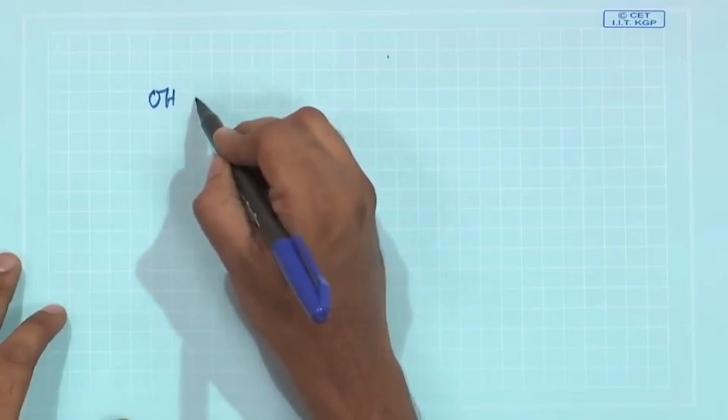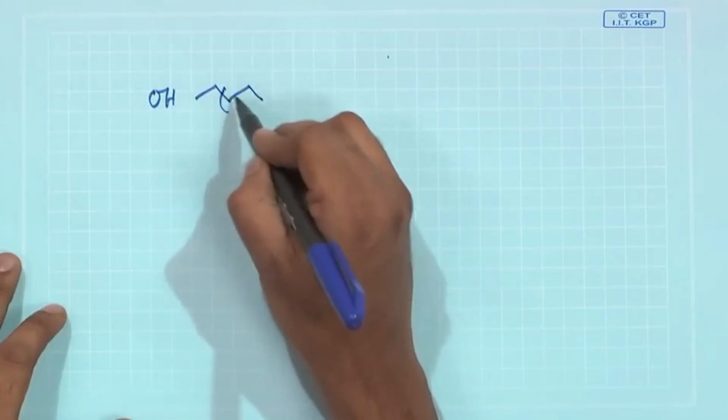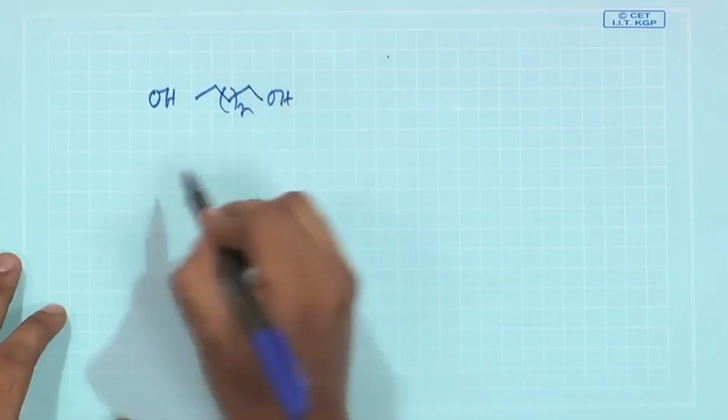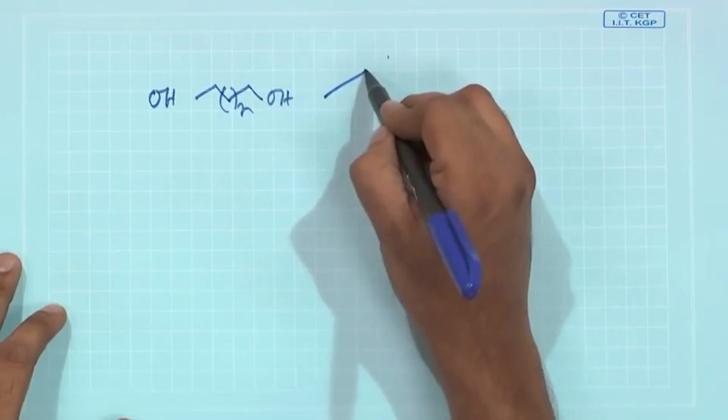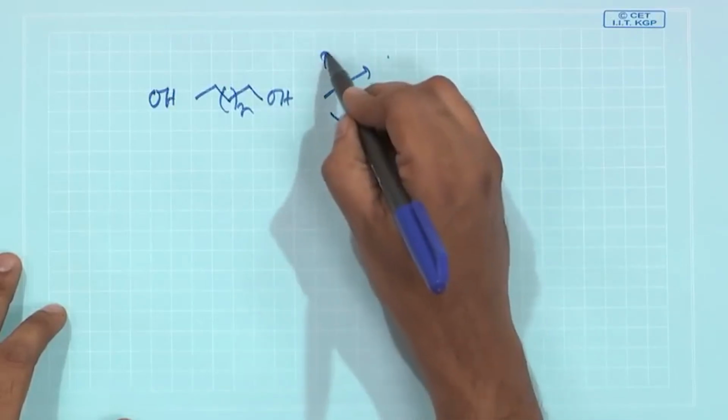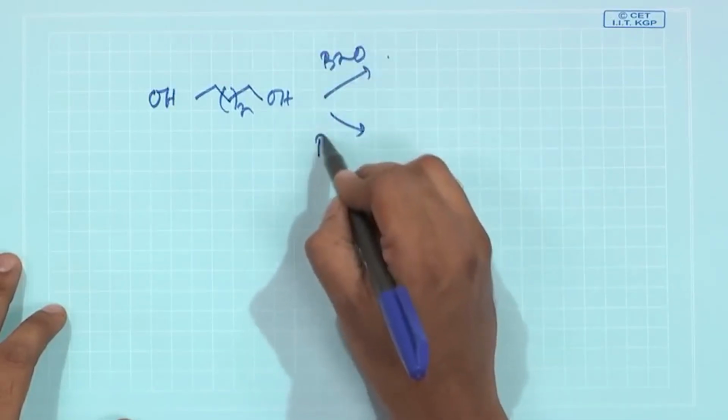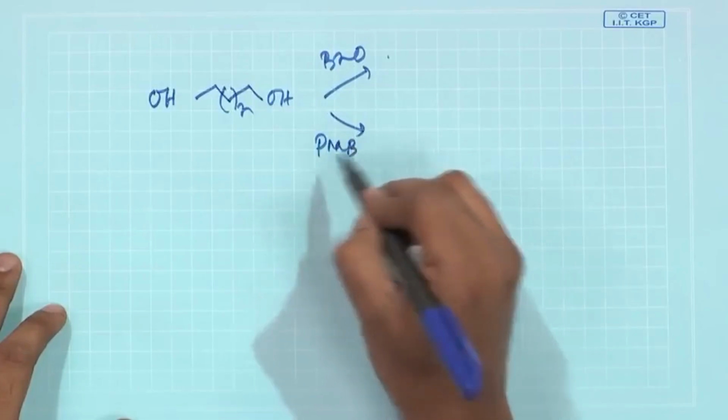And similarly, I will talk about another two orthogonal protecting groups, though those are not very orthogonal in the true sense. Say you have a similar 1,n diol, and you react it with protecting groups called benzyl and PMB.